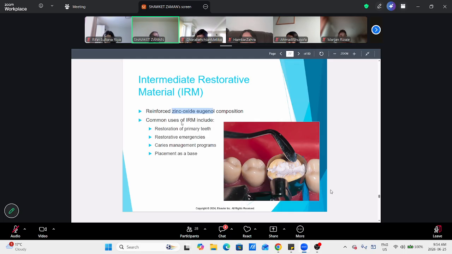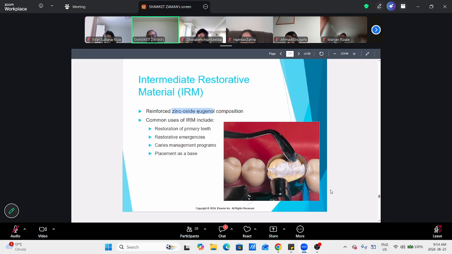This is a very common use for IRM in dentistry, such as restorations of primary teeth, and restorations in restorative emergencies. Emergencies in the sense that sometimes patients come with severe pain.